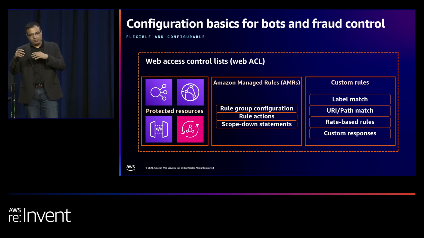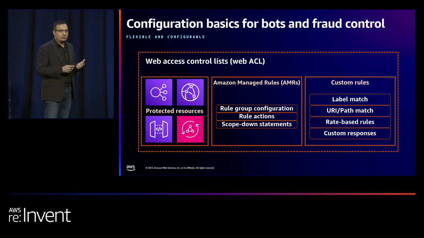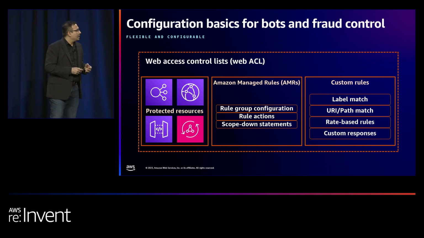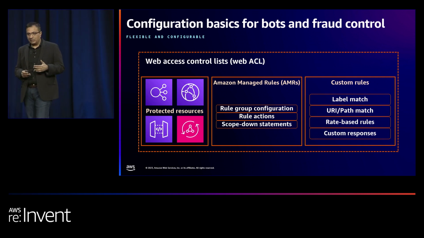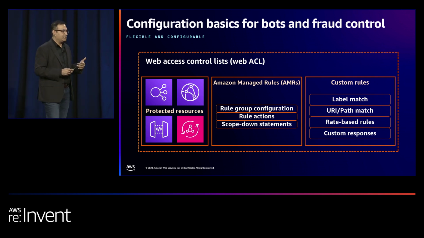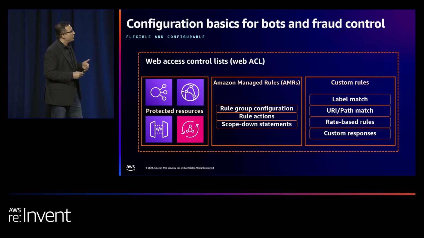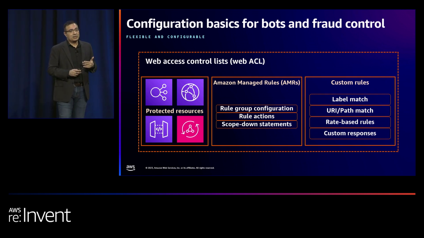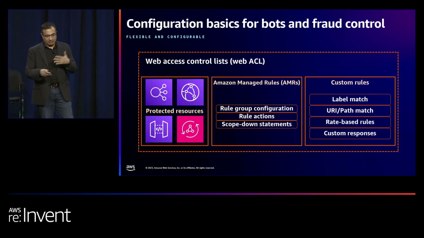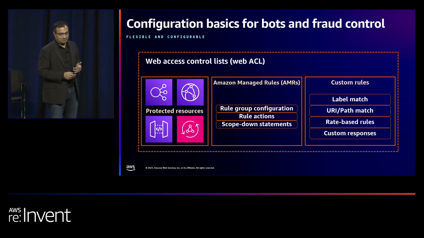And the label can be used to fine-tune detections, and it can be used to fine-tune how you want to process the request. You can also add custom rules such as matching on path or URI, just based upon regular expressions. You can add rate-based rules there. You can add custom responses. For instance, you want to send a 403 back in a certain situation, and you can add a rule, and it will do that.